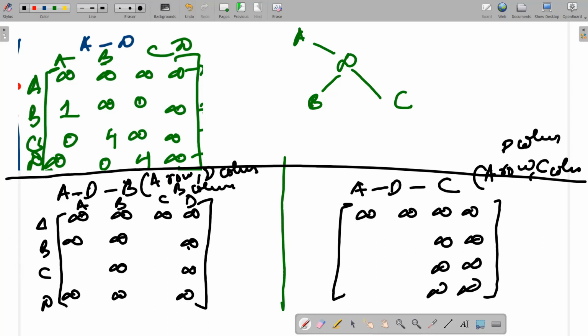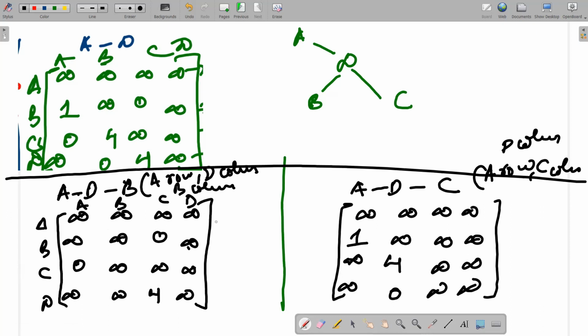I cannot go from D to A, infinite. I cannot go from C to A also, infinite, right? And the rest of the values as such.